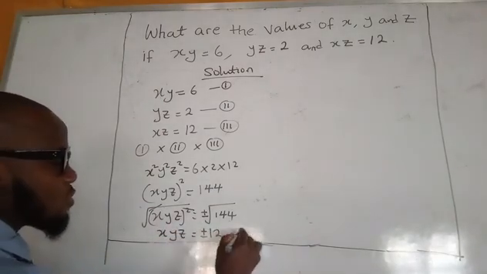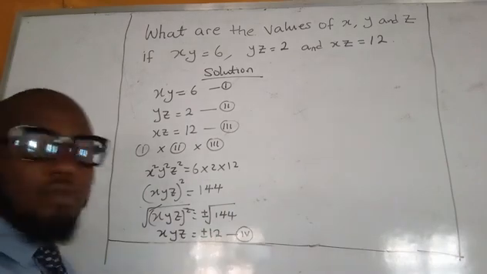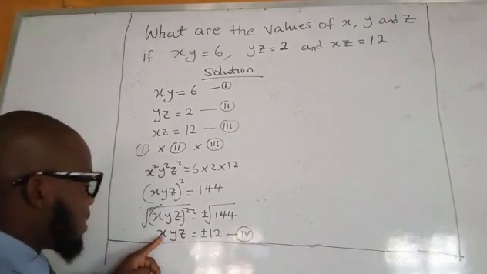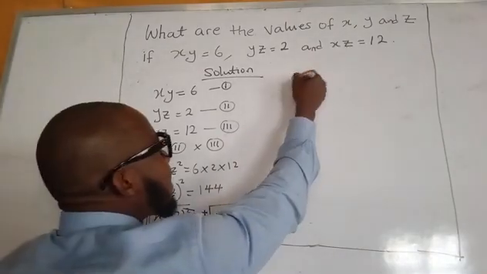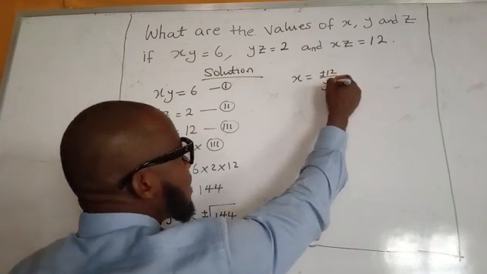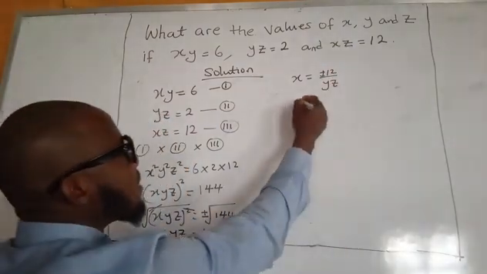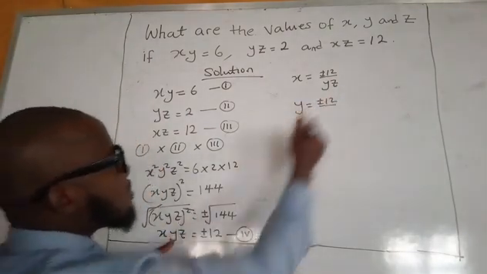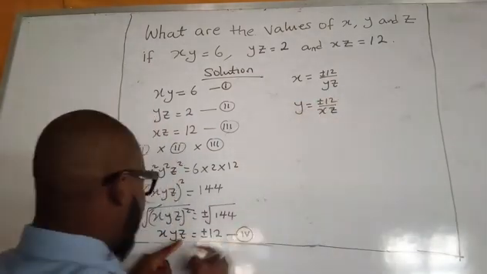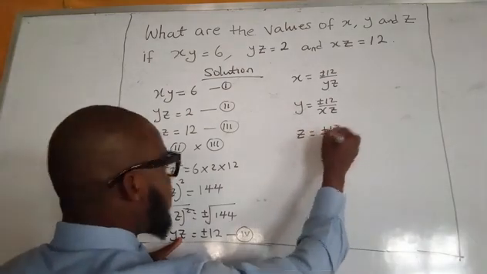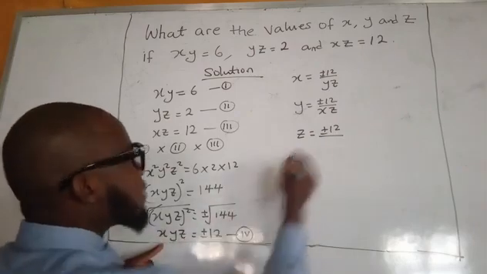Now I'm almost done, so you can call this equation 4. From equation 4, just observe something. If I want to get x, I'll say x is plus or minus 12 over yz. If I want y, I can say plus or minus 12 over xz. And if I want the value of z, I'm going to have plus or minus 12 over xy.